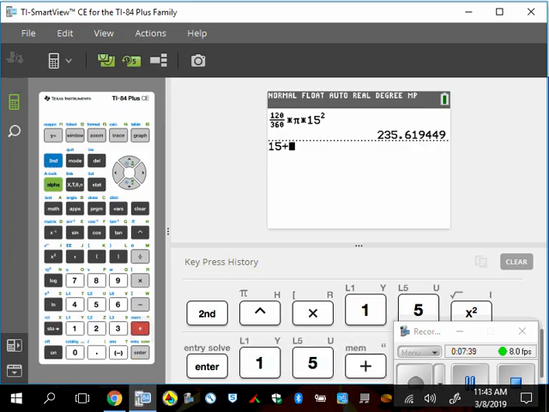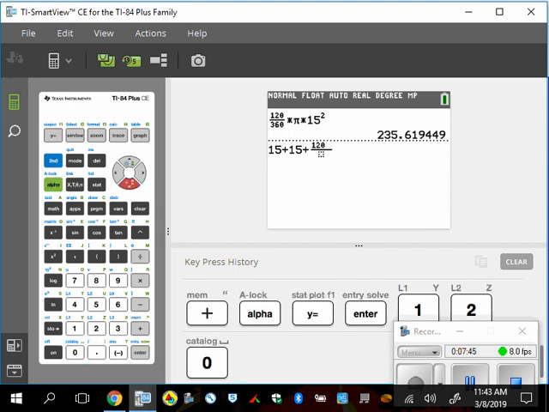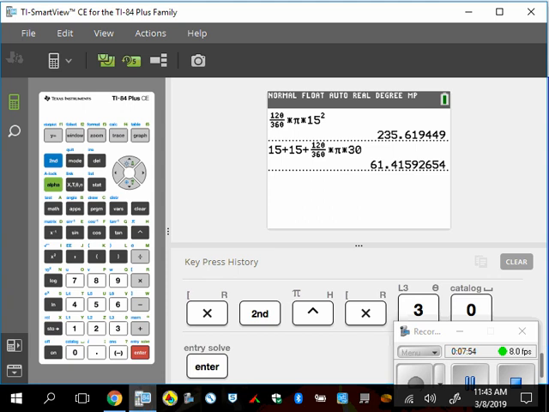I add 15 to 15. Alpha y equals enter gives me the fraction template. Okay, and if we're using rounding rules, this would round to 61.